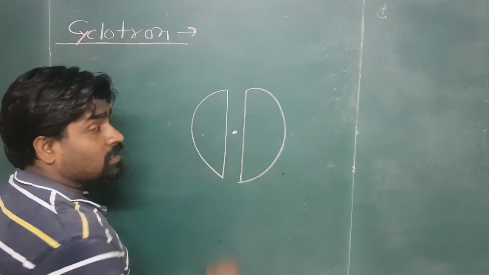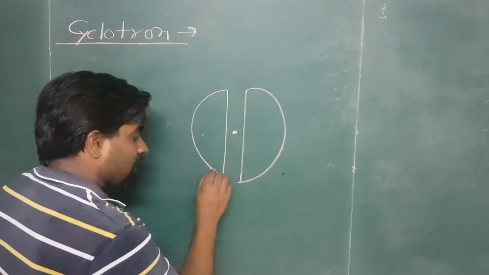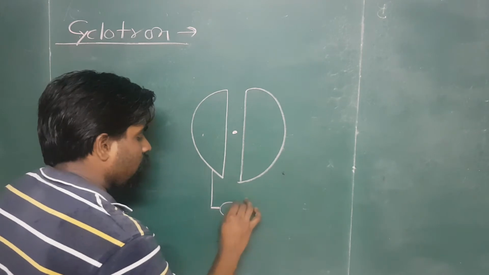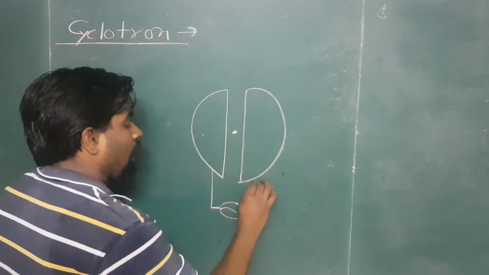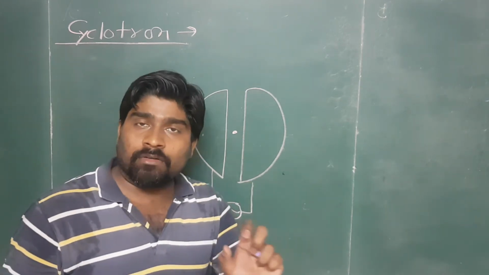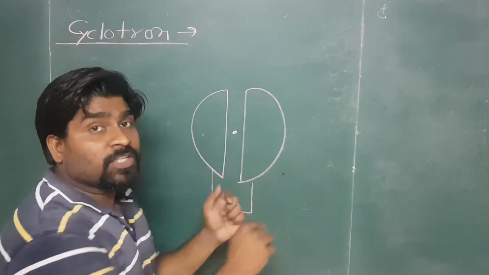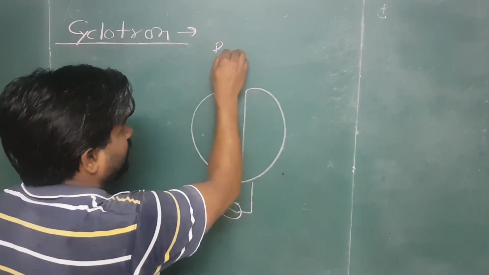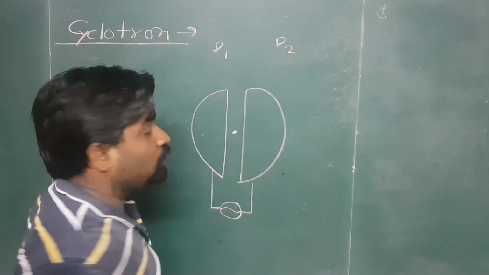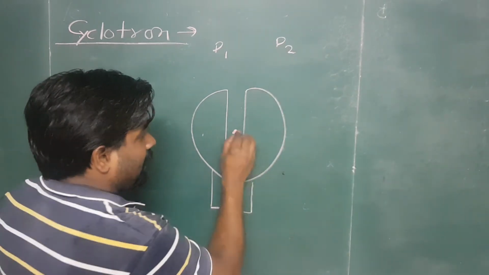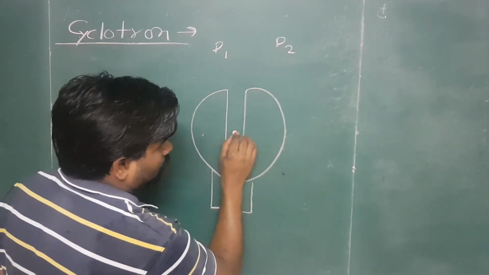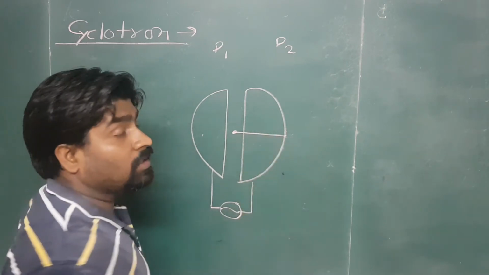These two Ds, because they are metal, we can connect to an alternating potential. Alternating potential means that in a particular time period, the polarity of the Ds will change. We can write D1 and D2. And it has a radius also, called capital R.